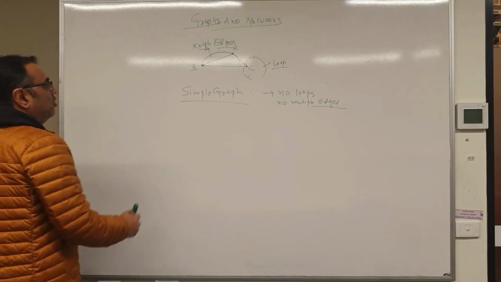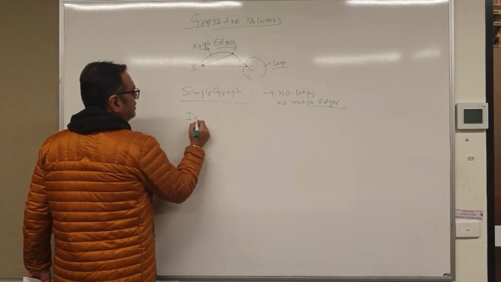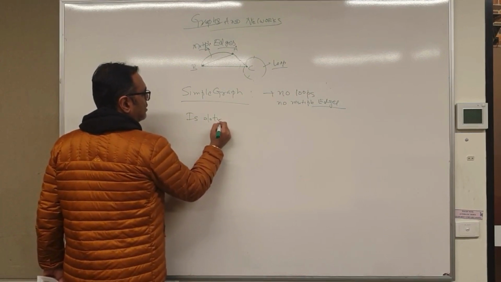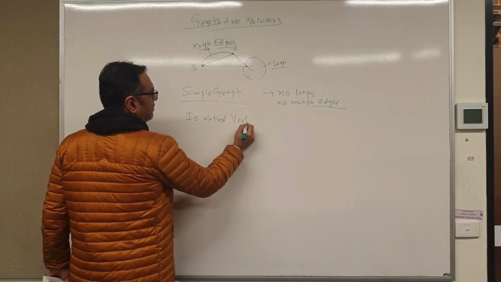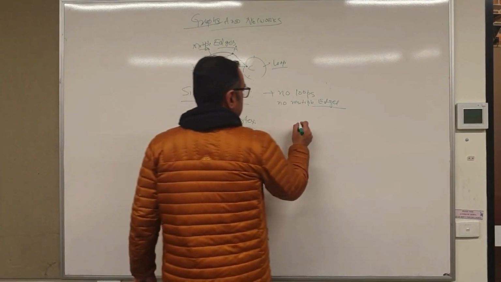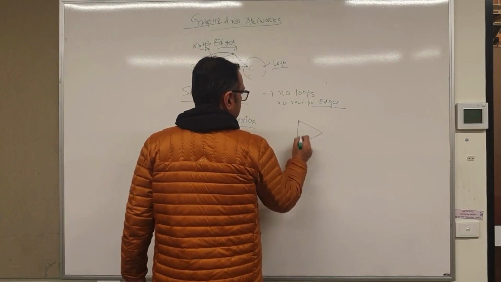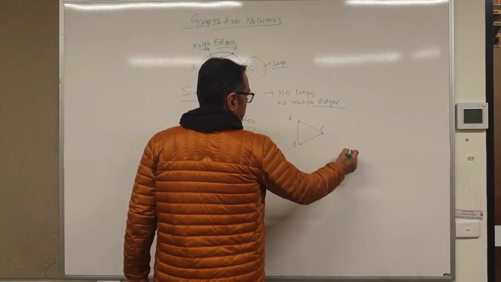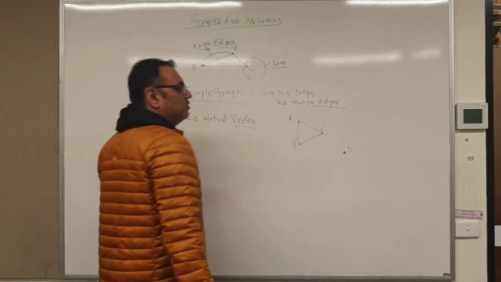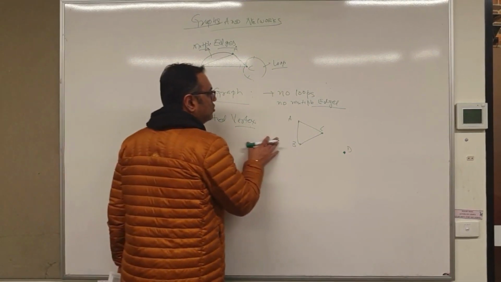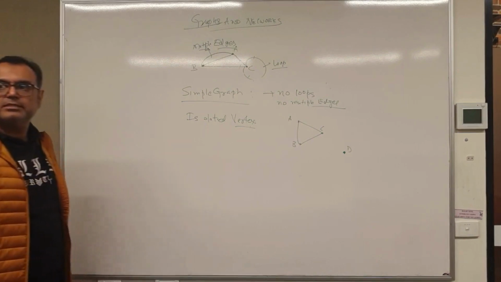Then there is something called an isolated vertex. So for example, if you have this graph A, B, C and you got a vertex D here, which is not connected to the graph itself, that is an isolated vertex.